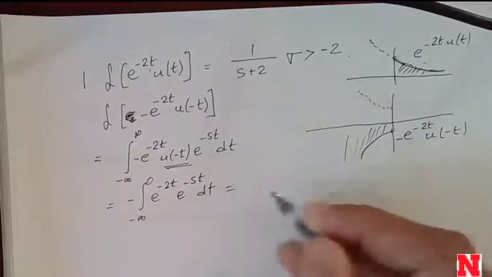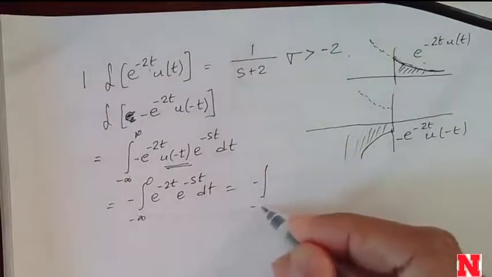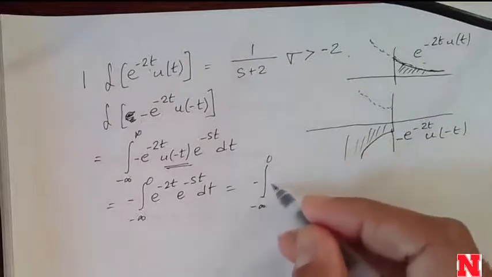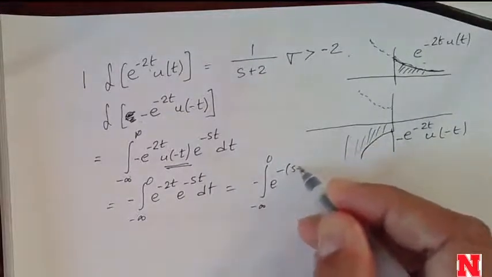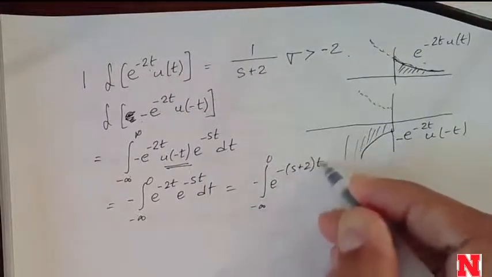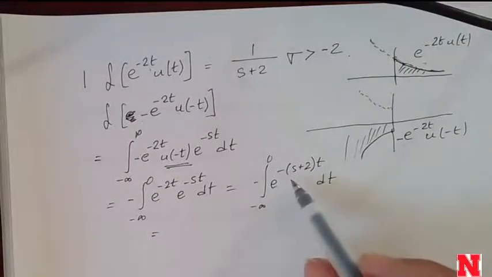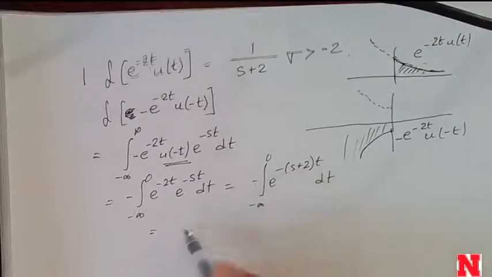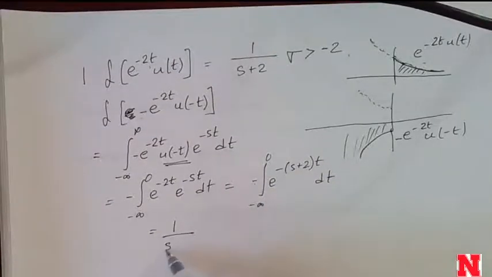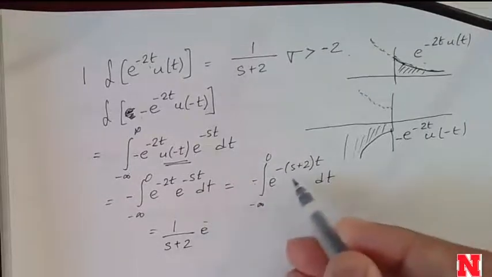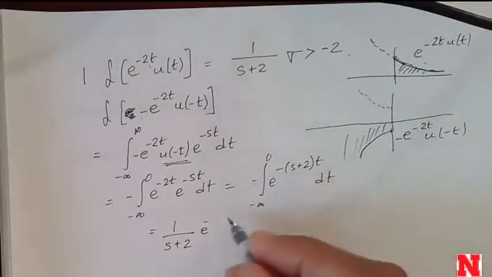Right? So this is equal to minus the integral from minus infinity to 0 of e to the minus (s plus 2)t dt, which is equal to, now this minus and this minus will cancel out, so I'll just get positive 1 over s plus 2 e to the minus, and now let me write the s as sigma plus j omega.